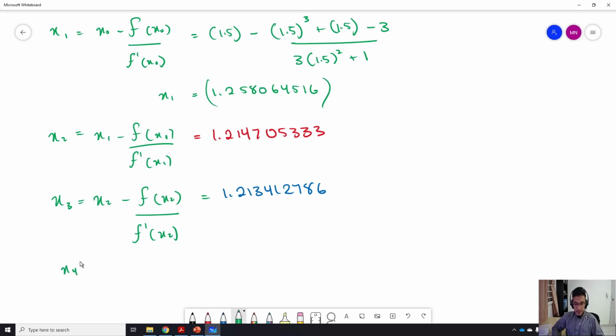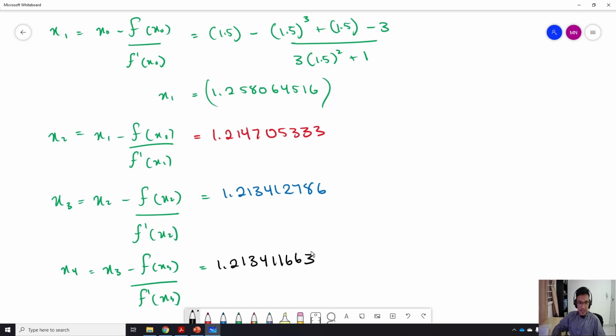x4 is equal to x3 minus f(x3) over f'(x3). You can use your calculator to find the value. So x4 is actually 1.213411663, and comparing x3 and x4, they have the same first 3 decimal places, and the question wants up to 3 decimal places.